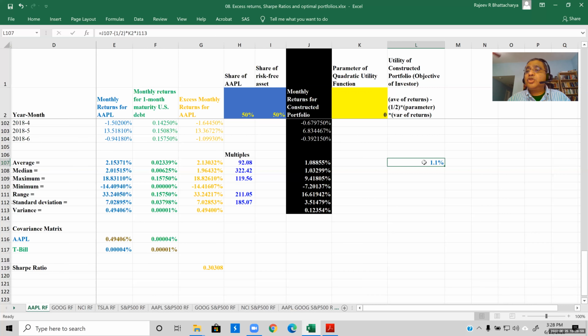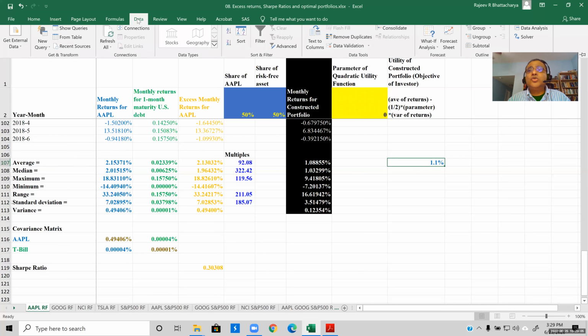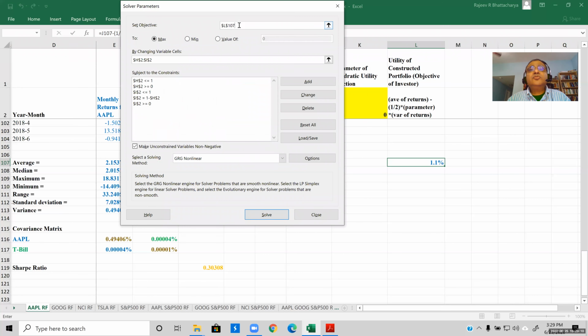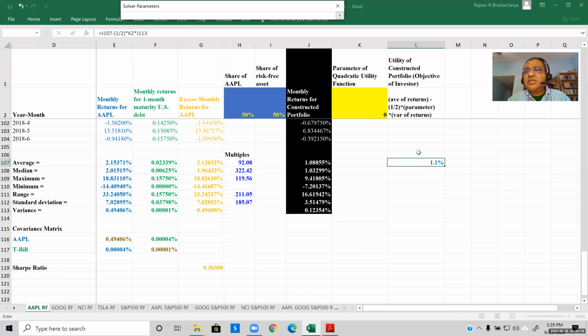Our objective is to maximize this particular object, which is L107. To do that, go to Data, Solver, and say, this is my objective.